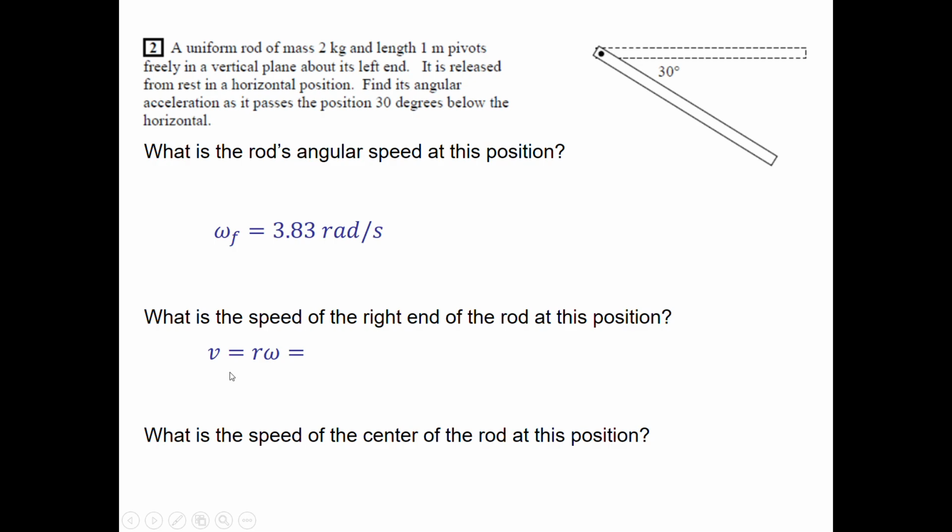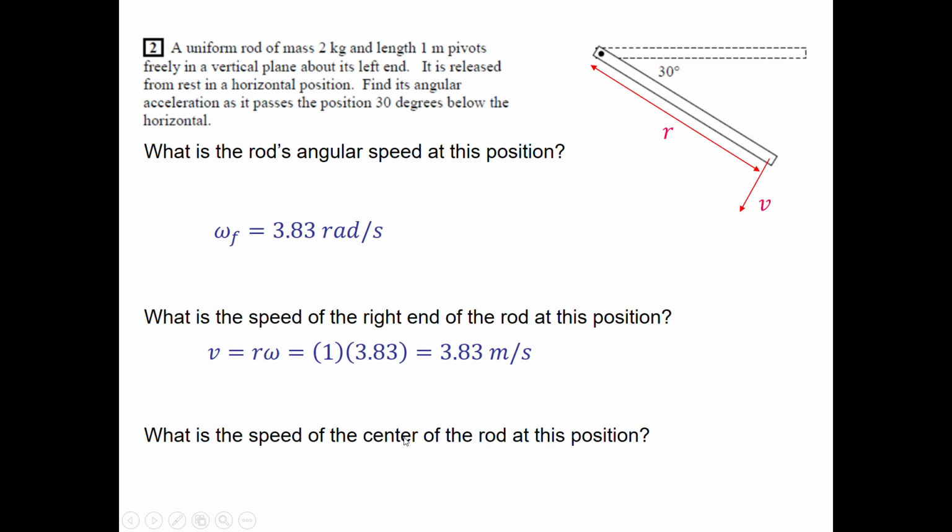We have to be careful here in interpreting r. We want to know the speed of this point. The relevant r is how far that point is from the axis of rotation. So in this case, r is the full 1 meter, and the omega is what we just found above. Multiplying those together, we get the speed of this point is 3.83 meters per second.